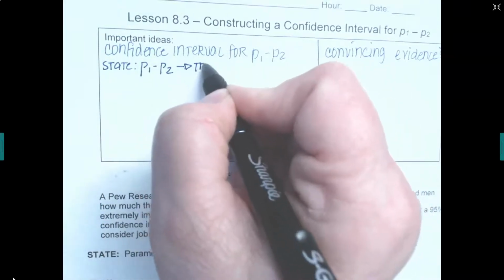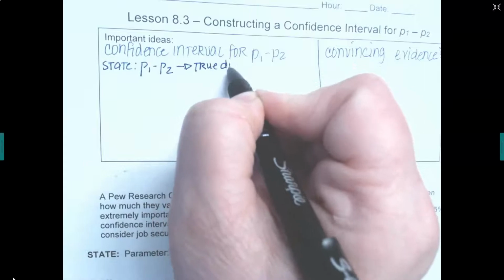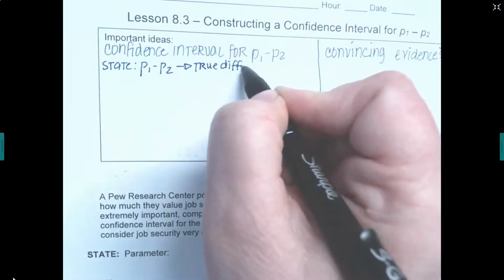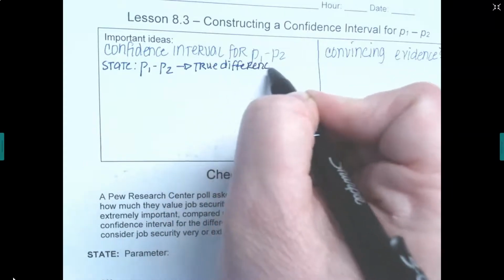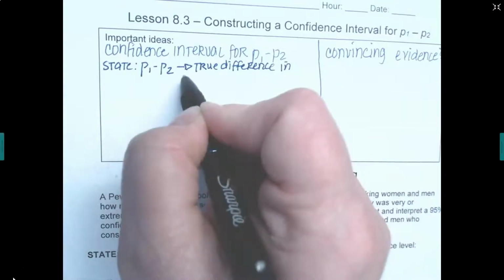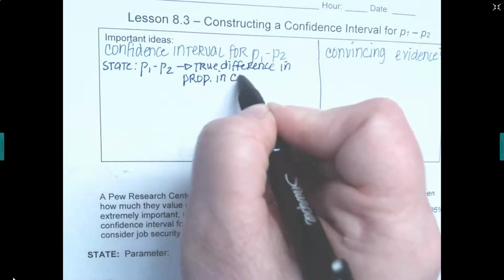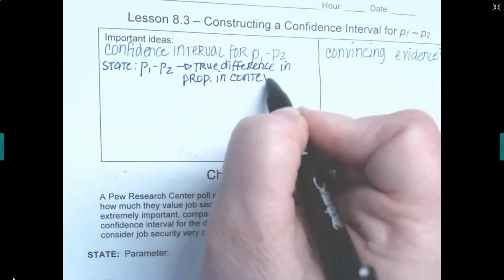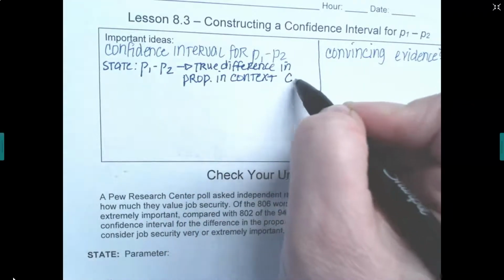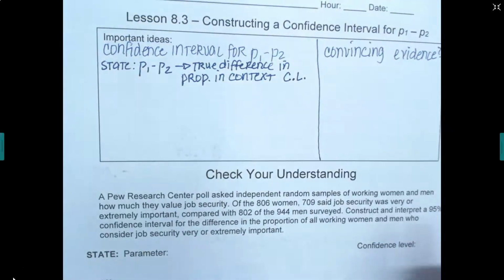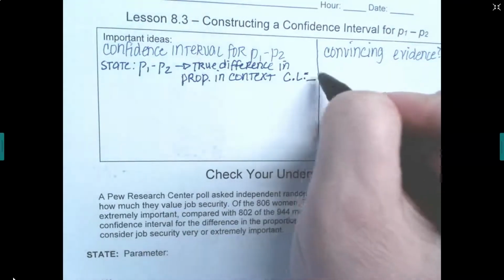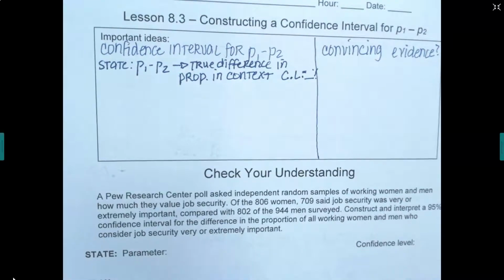So that's your true difference in proportion, in context. And you want to state your confidence level. I'm going to just write CL, confidence level equals what percent.